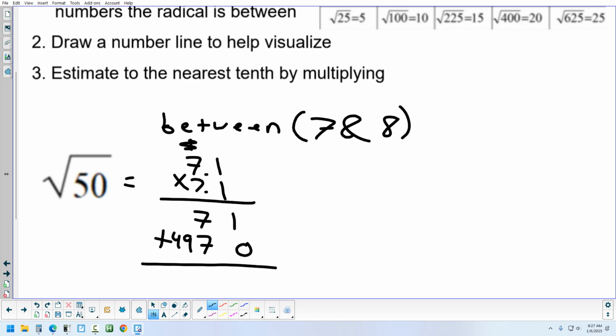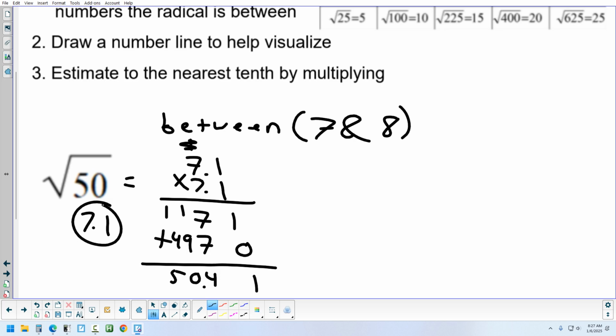Add that all up. Okay, that's pretty close. I was trying to get 50 exactly. I got 50.4. So I would say to the nearest decimal, 7.1 is approximately the answer.